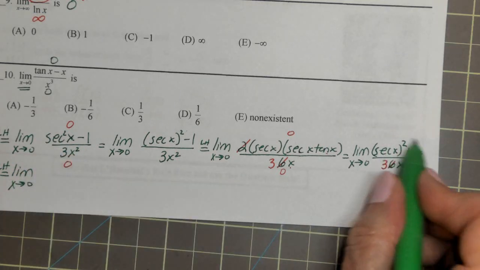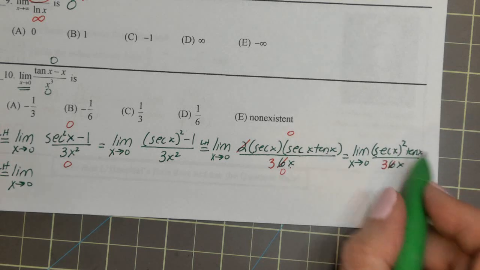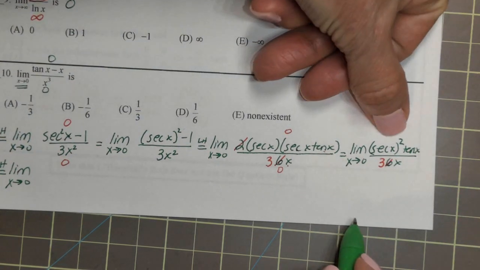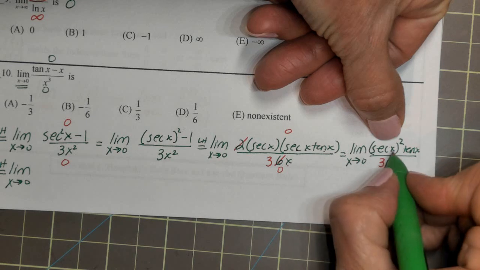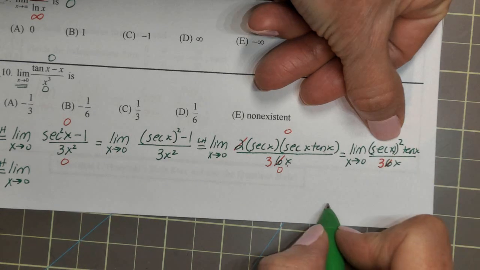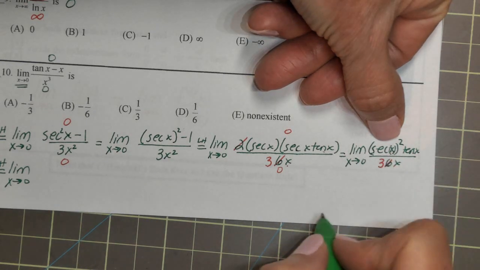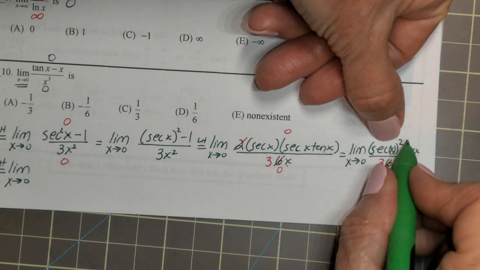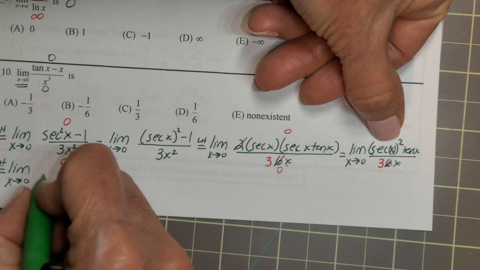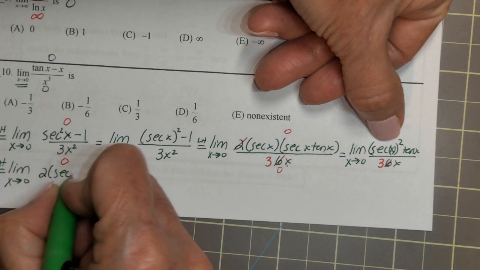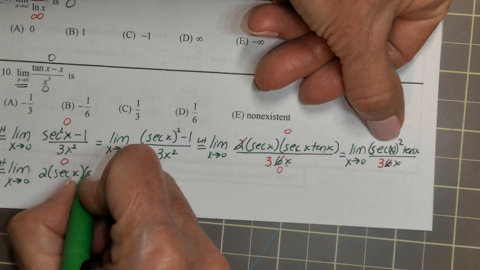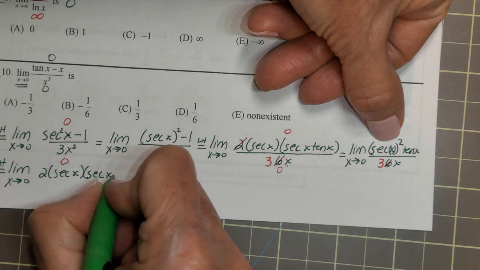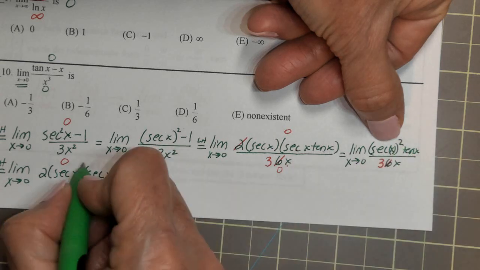Okay, the derivative of the top, I need to use the product rule. I'm starting with my first term, and I'm taking the derivative of secant x squared. So 2 to the front. Keep your secant x, multiply by the derivative of secant x. We reduce the power by 1 here.